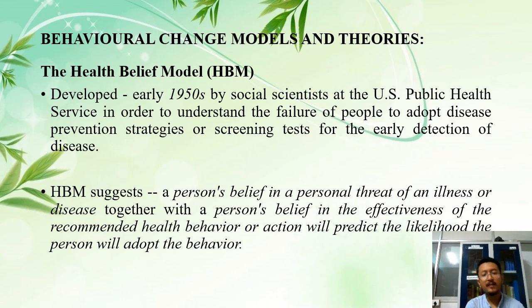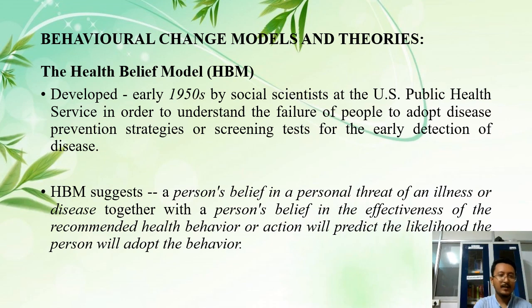So back in that time, the social scientists were trying to understand why people fail to adopt disease prevention strategies despite having certain options for preventing diseases or even screening tests. Why do people fail to accept those strategies?